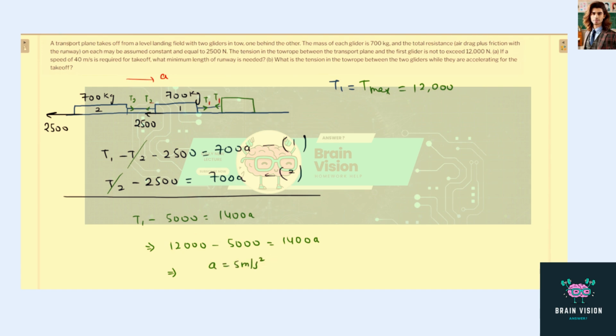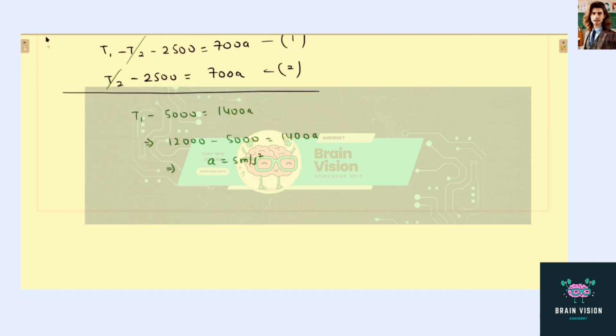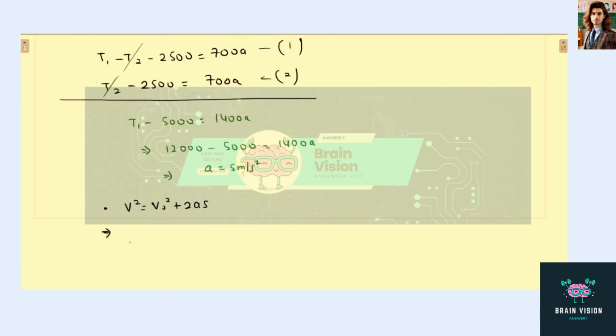But we are not really interested in the acceleration. We have to find the minimum length, so we're going to use the equations of motion. I think we're going to use the third equation, v squared is equal to v naught squared plus 2as. The speed with which it has to take off is 40, so this is 40 squared. Initially it is at rest, so 0 plus 2 times 5 times s.